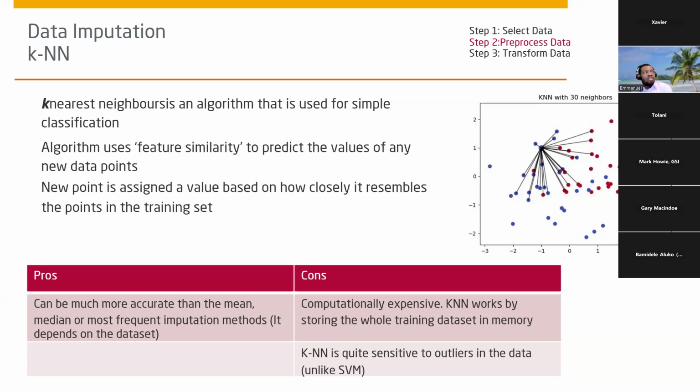But the thing is, this is like running a machine learning within a machine learning. So in terms of computational cost, it's more expensive. And it's sensitive to outliers in the data set, because when you have those outliers, it will screw up the data sets, because it will affect the average of the data points that are closest to that particular point.